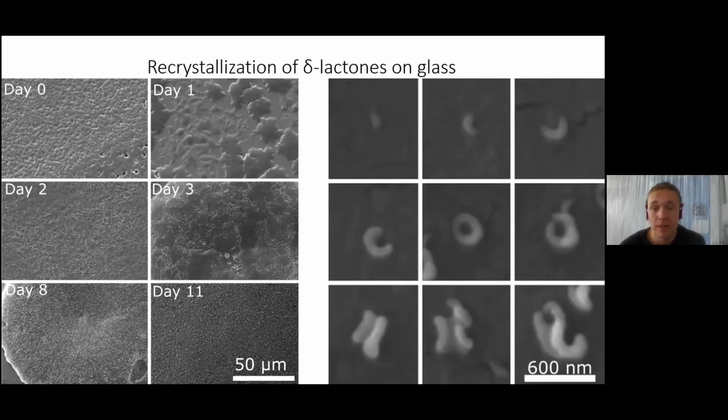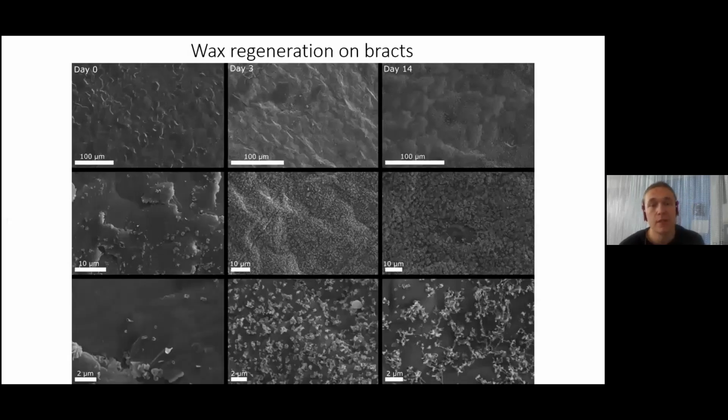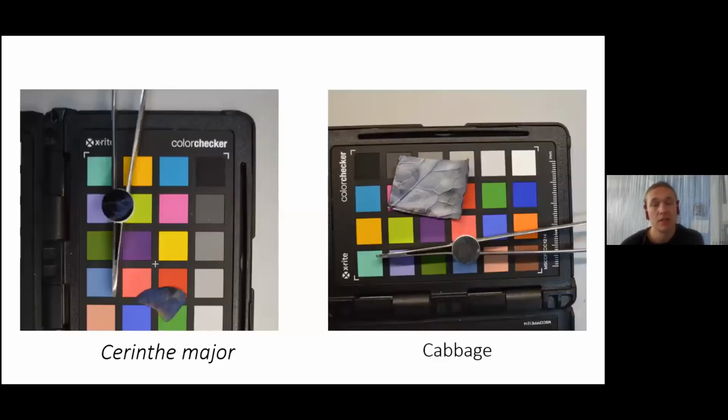A similar effect can be seen on the bracts themselves. So if you remove the waxes and then stagger the time you image them, you can observe basically the waxes regenerating. And the outcome of these waxes recrystallizing is what is, in terms of wax crystals, a very, very blue surface. So it's quite often that you see plant waxes which do alter the visual appearance of the plants.